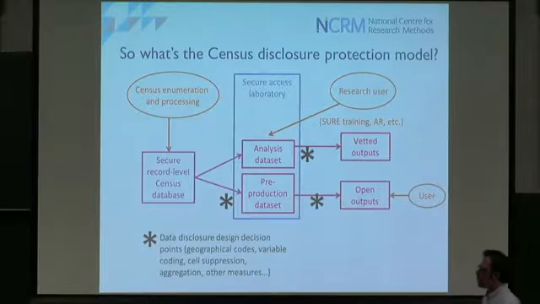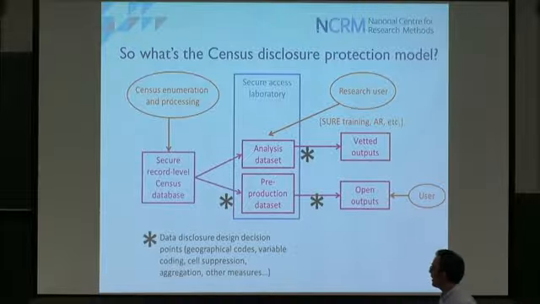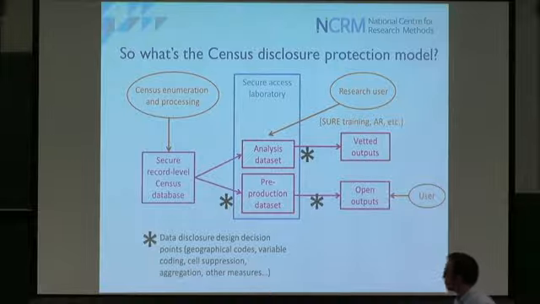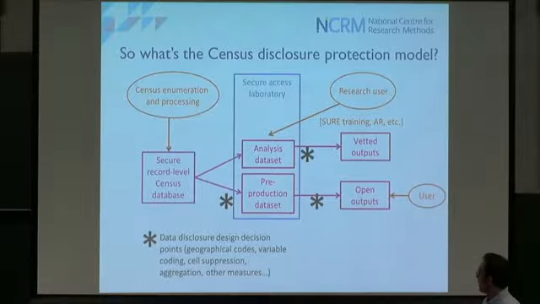So thinking about a schematic of what a census disclosure protection model could be, we have our processing, our collection of census data here, held in a database, and then that's released in two key ways really.